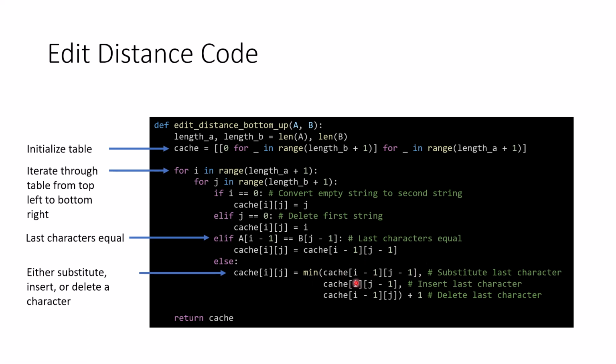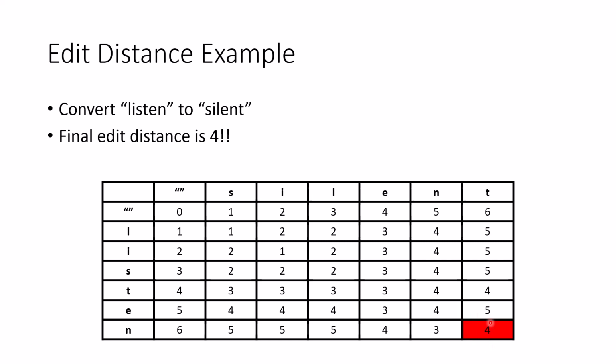This case, using cache of i, j minus 1, is going to correspond to insertion, right? Because that's going to correspond to the one element to the left, getting that distance. And then the deletion is going to correspond to taking the element one above it. And no matter what, I'm going to add 1 because I did have to do either a substitution, an insertion, or a deletion. And then I just keep on iterating until I build my table. The final answer is just going to be the last element of the cache, so cache of -1, -1.